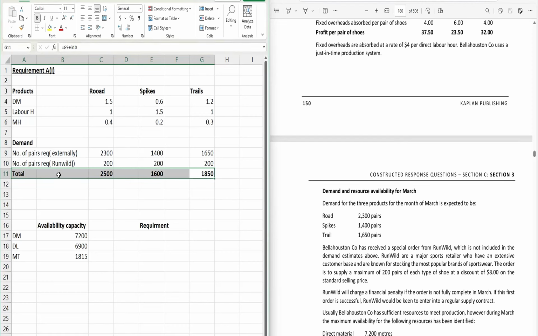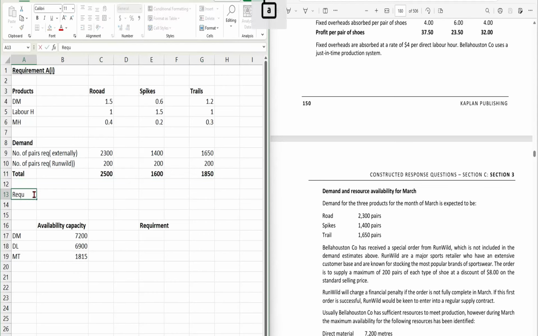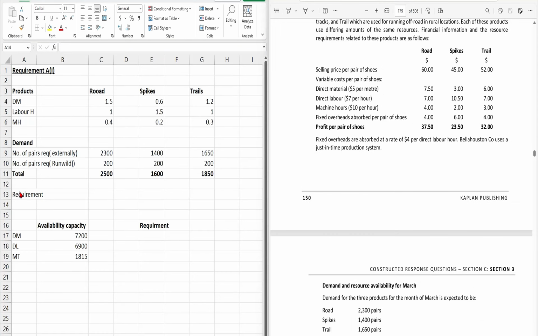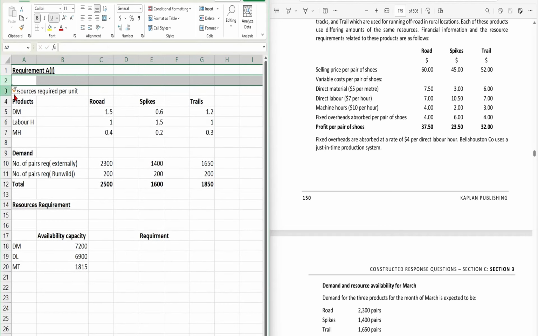So now come to the requirement of the material, the resources requirement. We can write it down. Resources requirement. This is the demand and this is the resources required per unit.